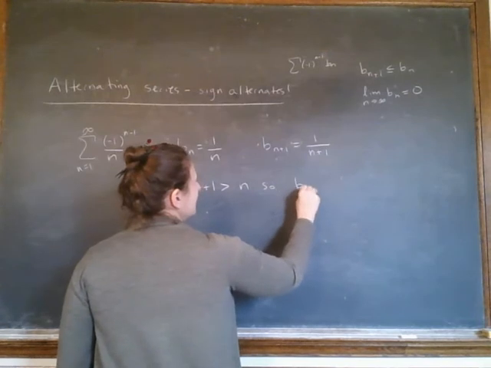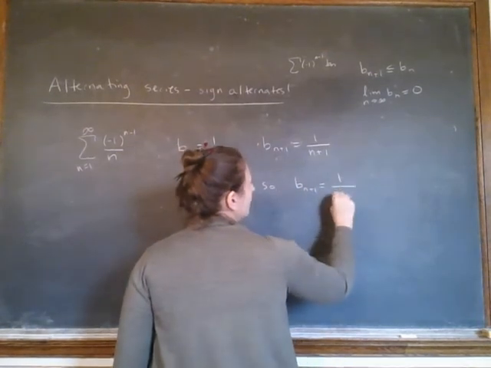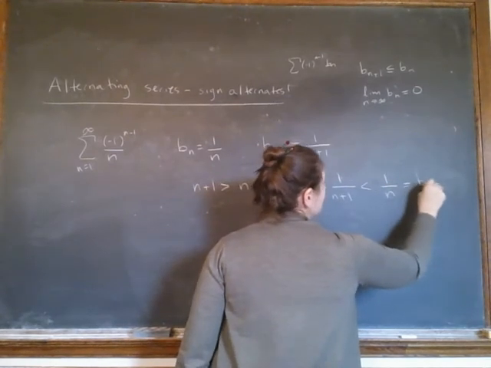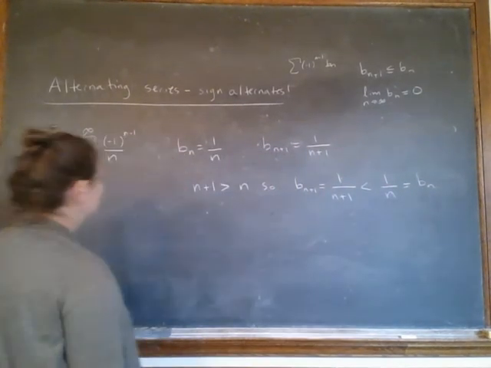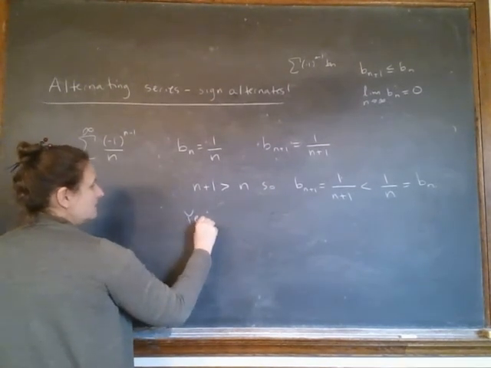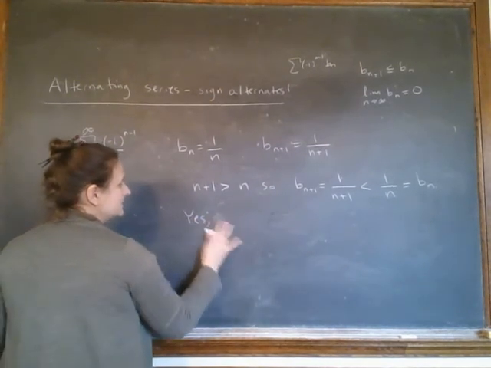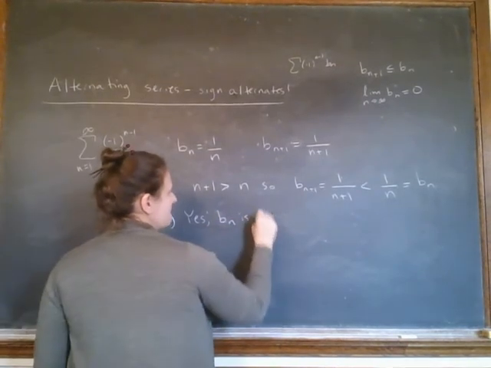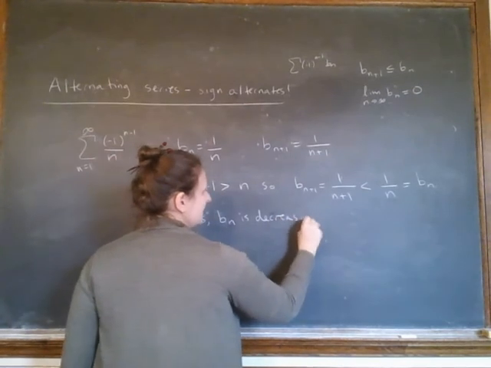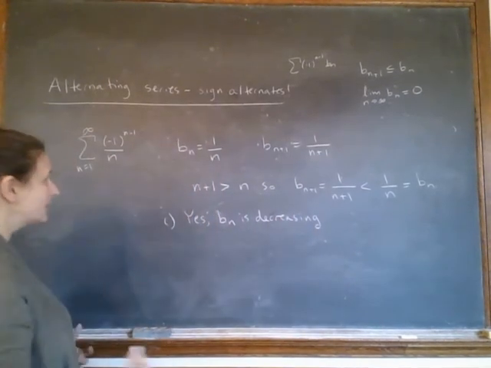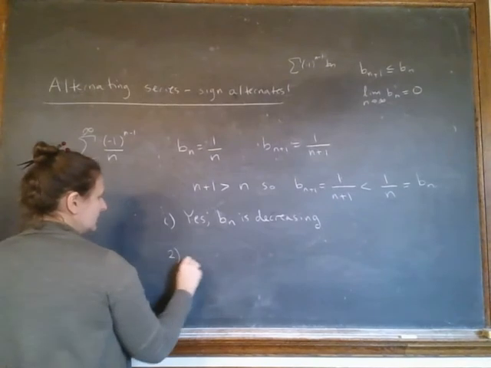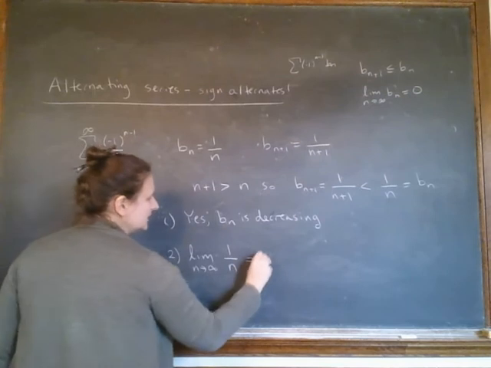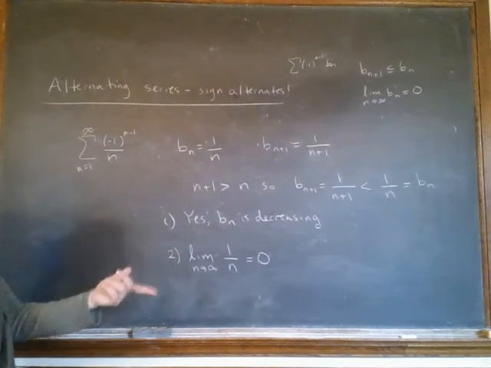So b_(n+1), which is 1 over n plus 1, is strictly less than 1 over n, which is b_n. So yes, b_n is decreasing. My first condition. And so for my second condition, I'm going to look at the limit. The limit as n goes to infinity of 1 over n is clearly 0, which is exactly what we want.